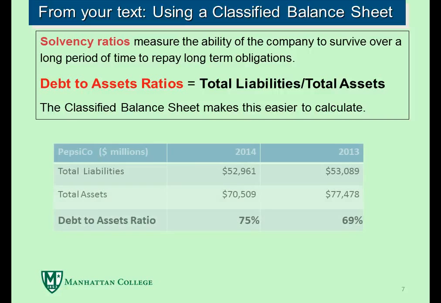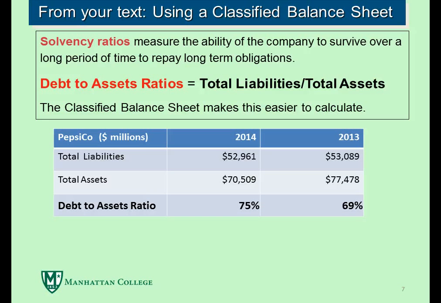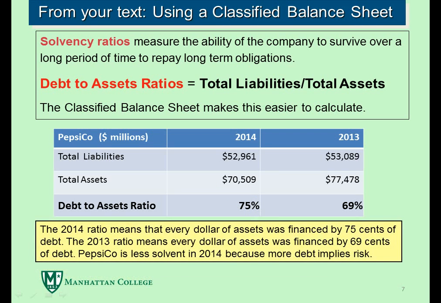Well, if you're Pepsi, we add our total liabilities from the balance sheet and our total assets. Now, unless a company is bankrupt or losing money, liabilities will be less than assets. In 2014, PepsiCo had almost $53 billion worth of liabilities and $70.5 billion of assets, meaning it used 75% of other people's money to finance its assets.